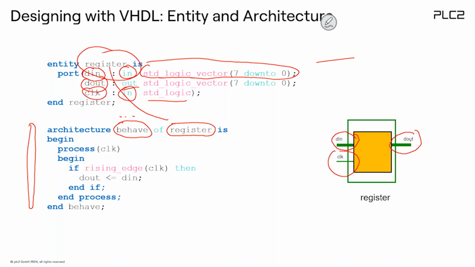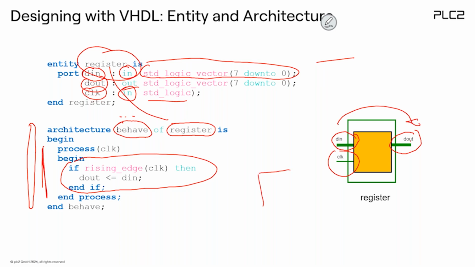And now the definition. It's the so-called process. We'll talk about the process a little bit later. But in this case, we can almost read it as pure text: if there's a rising edge, then please take the data in and move it to the output. So what is it? This is just a flip-flop.